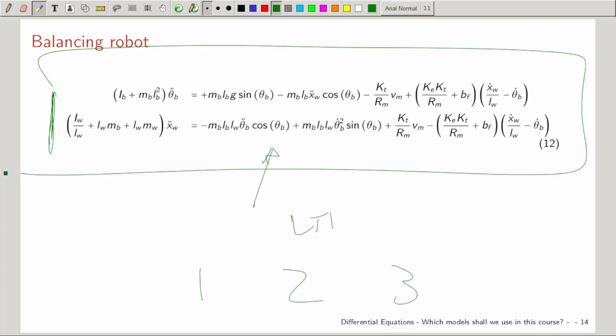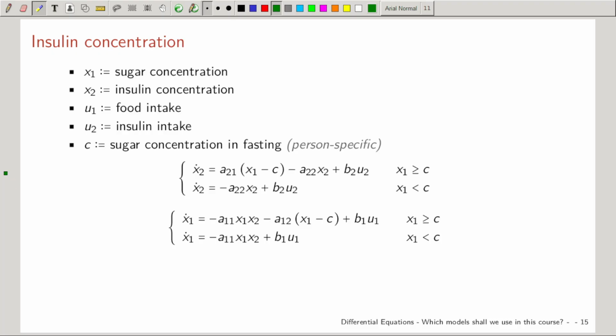Okay? Perfect. Insulin. This is a basic model of how insulin reacts. Whenever you eat something, your glucose will change and your insulin levels will change. It's a switching system. This is maybe the unique thing that I've got to say. Depending on whether you are fasting or hungry or not, your body reacts in a different way.